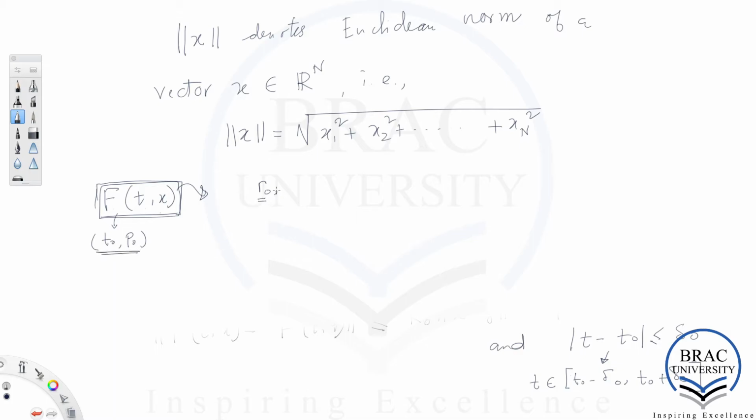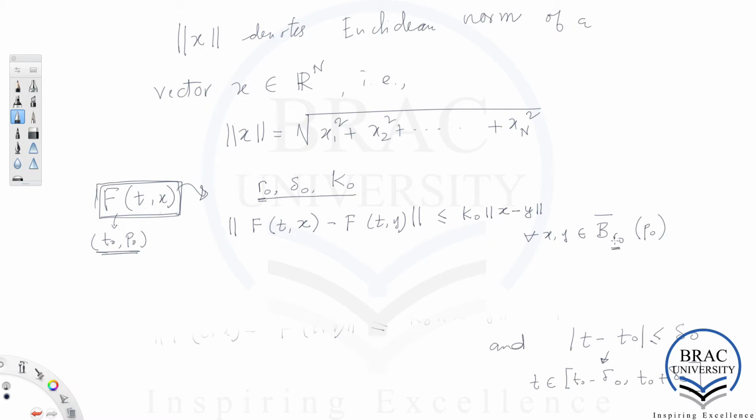Then we need three positive numbers r0, delta 0 and k0, such that this is satisfied: f(t,x) minus f(t,y), we take the difference between these two vectors in R^n and take the norm, and this has to be bounded by k0 multiplied with the norm of x minus y for all x, y belonging to the closure of the ball around p0 of radius r0.